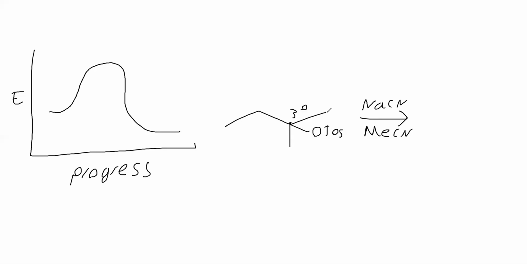We're still looking at an SN2 reaction rate, so tertiary is not good for SN2, and we can kind of see why in the reaction coordinate diagram. Does anybody have an idea of how it's going to change it?